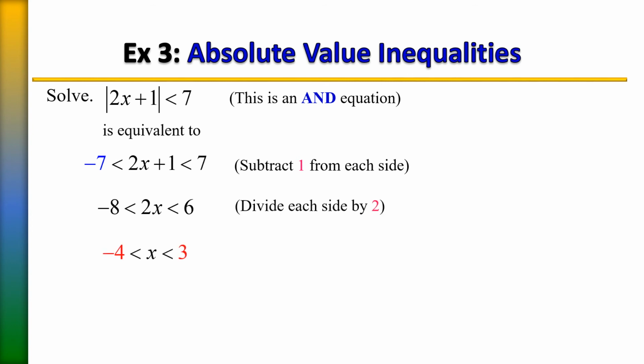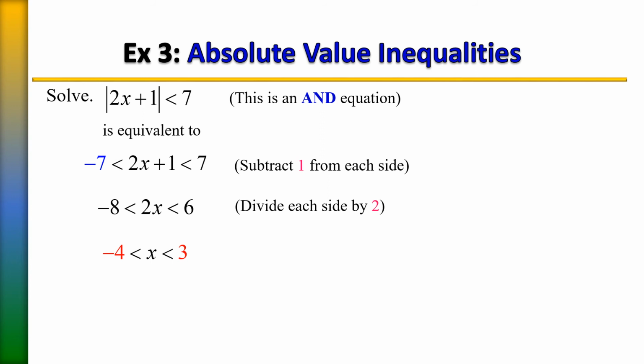So when I divide all 3 parts of the equation by 2, I am left with an answer that x is between -4 and 3. So again, it does not include either of those numbers on either side, because notice you don't have that line underneath.